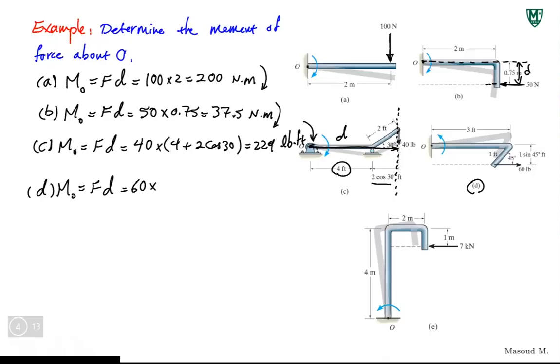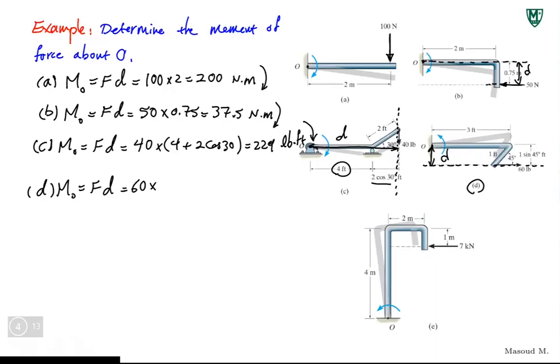Three sine 45. So let's draw the line of action. This is the line of action for this force. If this is the line and this is the point, the perpendicular distance is D here.